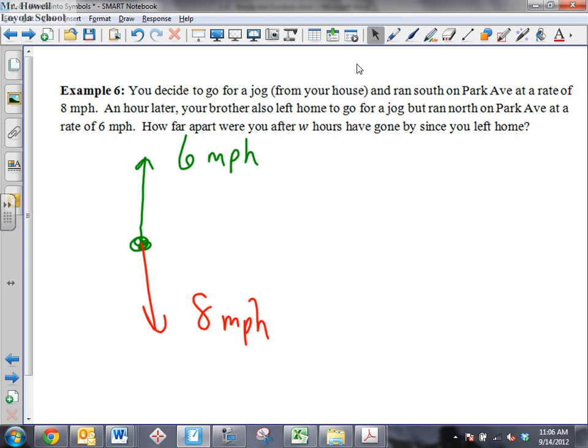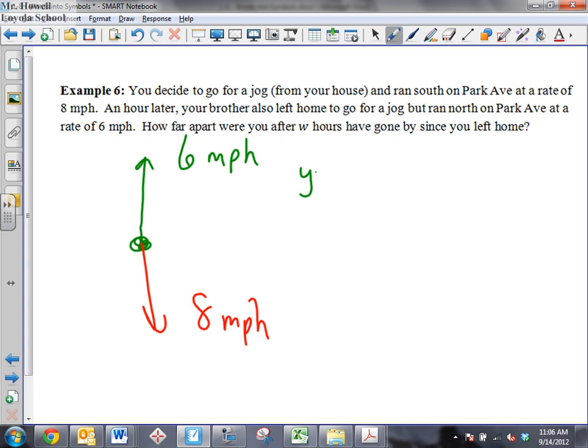But for your brother, it's been W hours minus 1 because he started an hour later. So for example, if 10 hours went by, for your brother, only 9 hours went by. So in this sense, you're running in opposite directions. And think about it. As you spread further and further apart in opposite directions, your distance increases as the sum of your two distances.